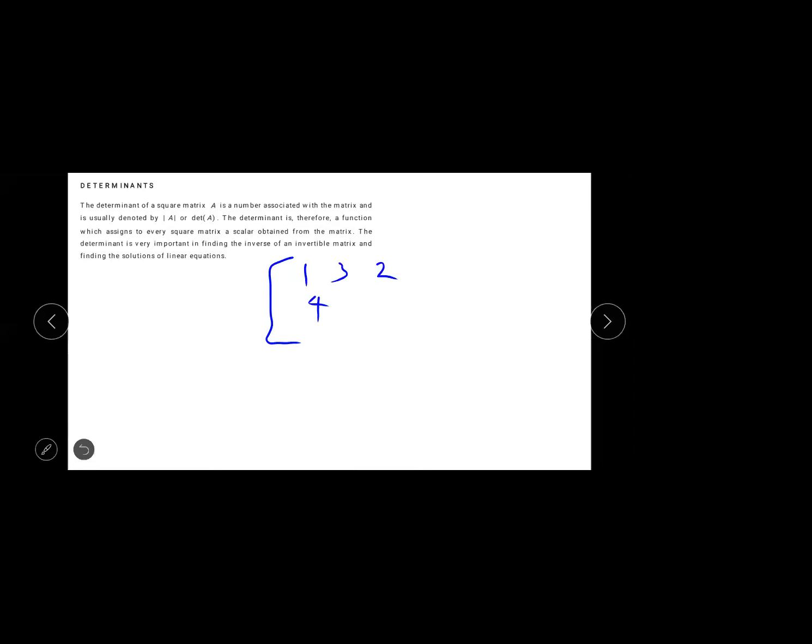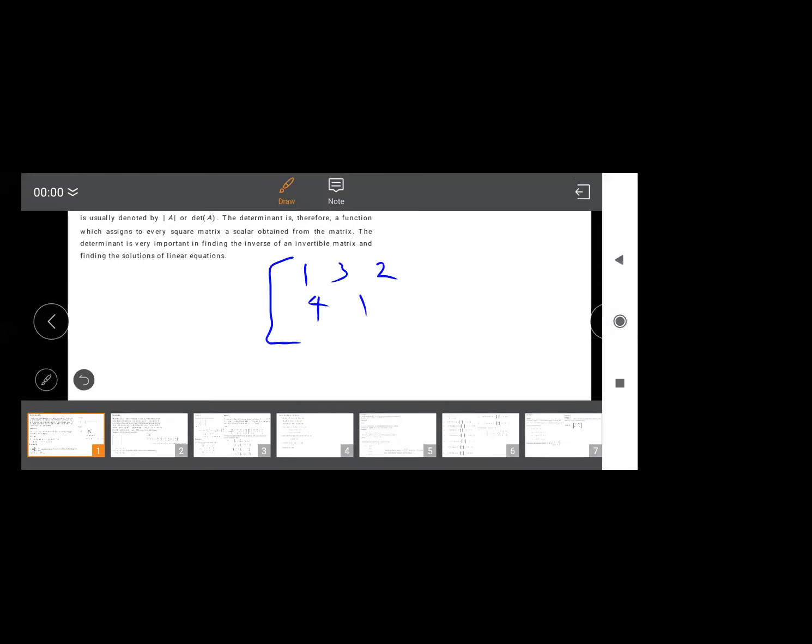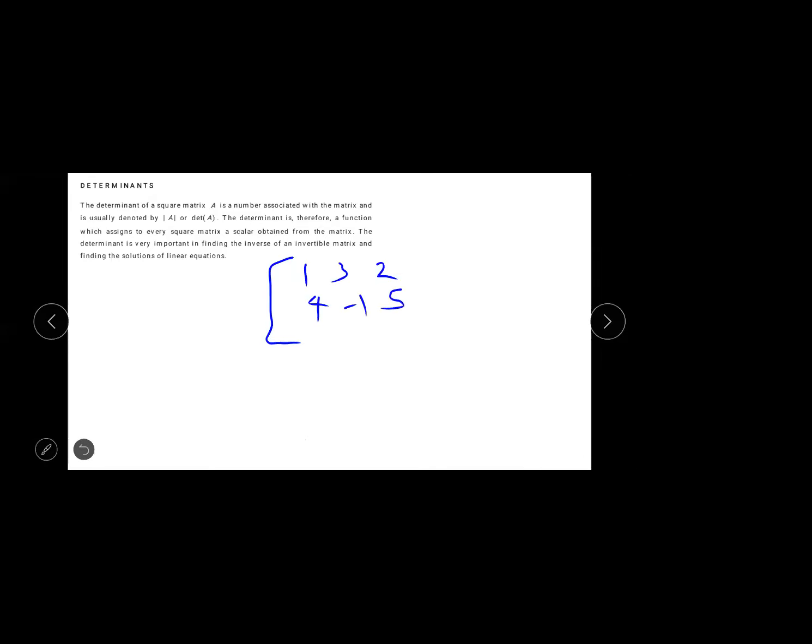Then 1, 0, minus 2. Okay. So what do we do?